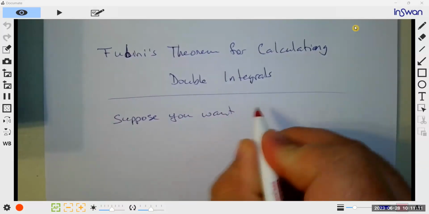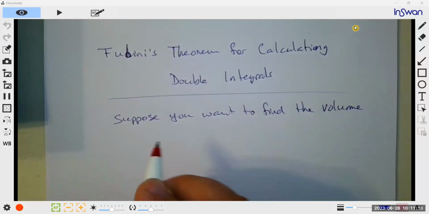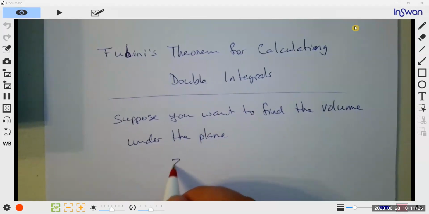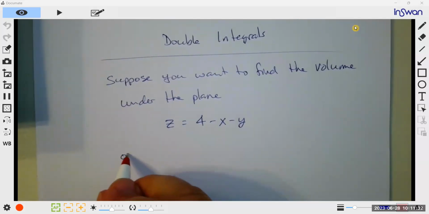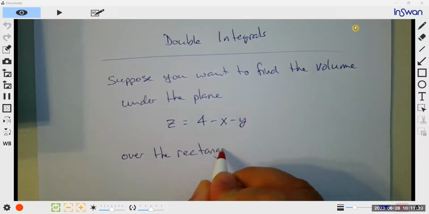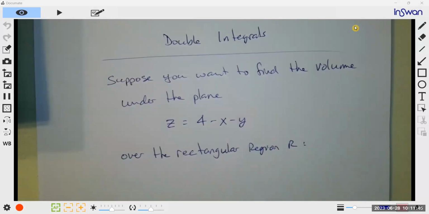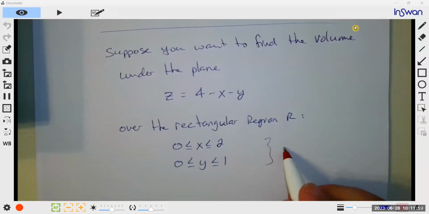Suppose you want to find the volume under the plane z is equal to 4 minus x minus y, over the rectangular region R that defines the bounds of our x and y as these in the xy plane.